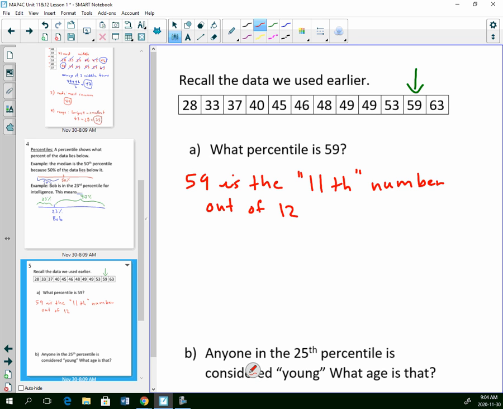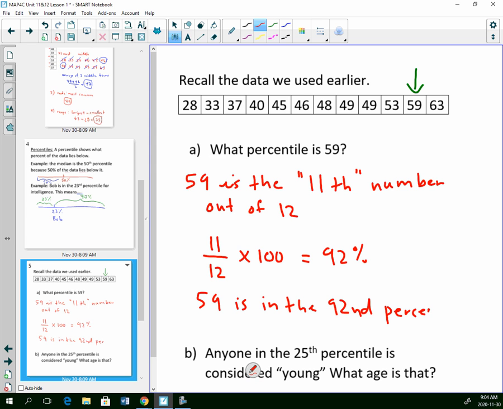So we would say 11 out of 12 times 100, because we want it as a percent. So 11 divided by 12 is 92% rounded, right? So 59 is in the 92nd percentile. So it's bigger than 92% of the numbers, okay?